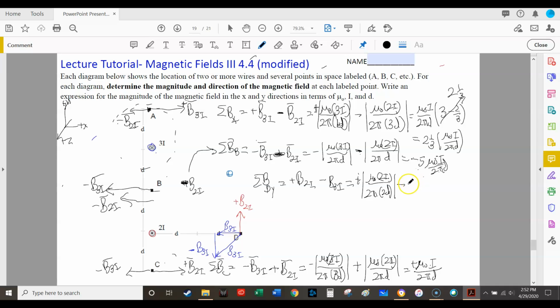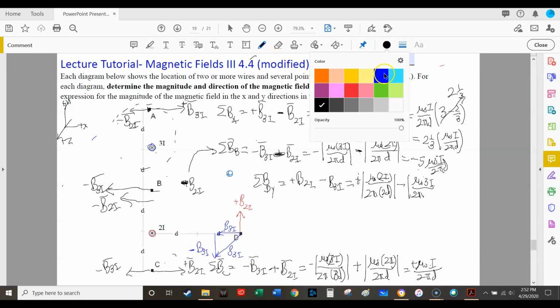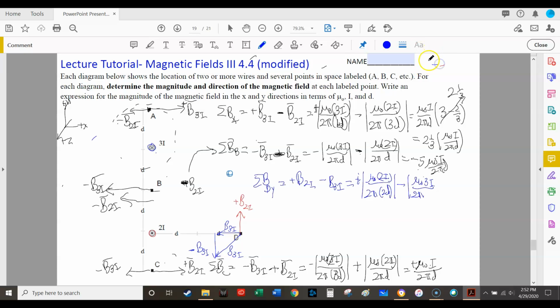But the 3i wire is going to be a distance that is actually going to be, and I'm going to try to use a color that's associated with this.